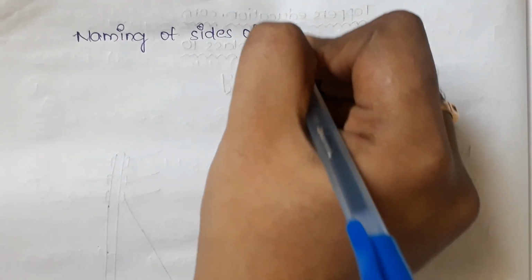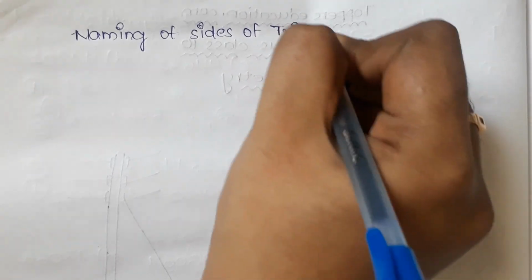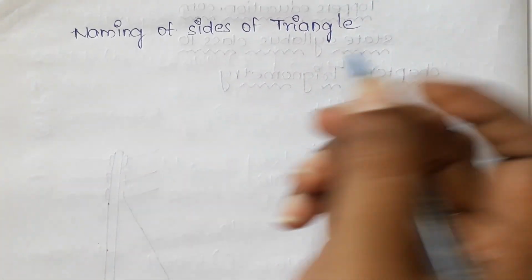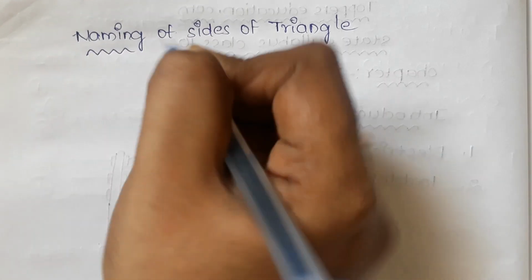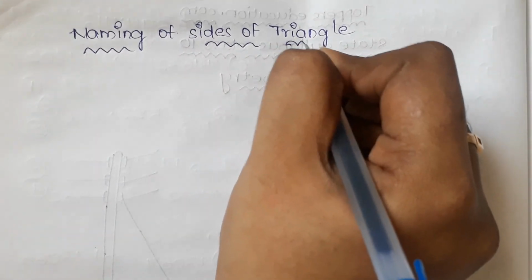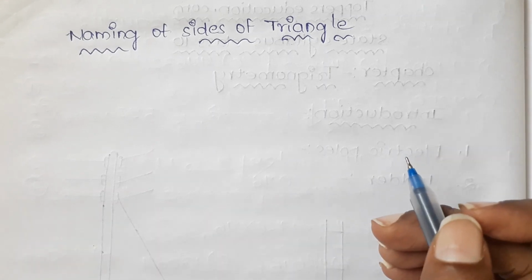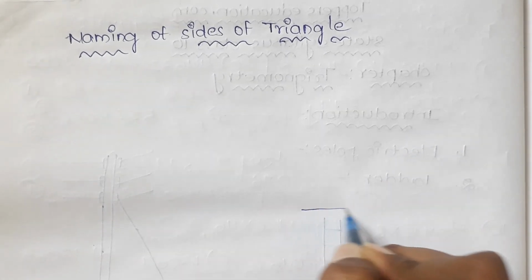Now let us see the naming of sides of triangle. Now let us take the right angle triangle.